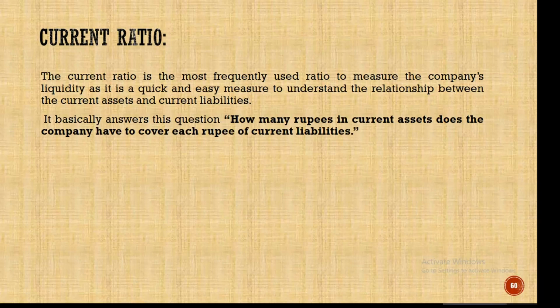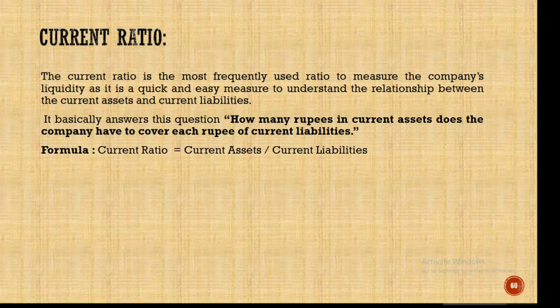It basically answers this question: how many rupees in current assets does the company have to cover each rupee of current liabilities? The formula for calculating current ratio is current assets divided by current liabilities.